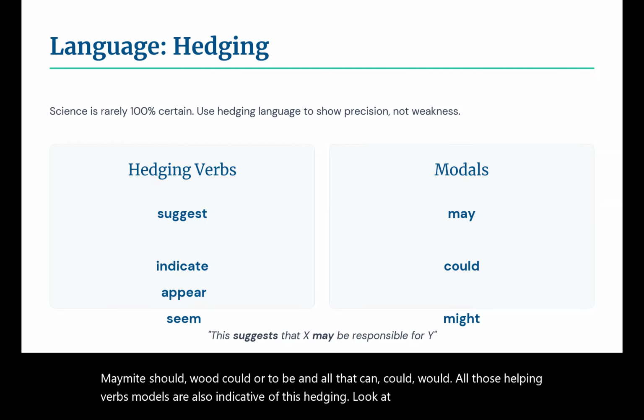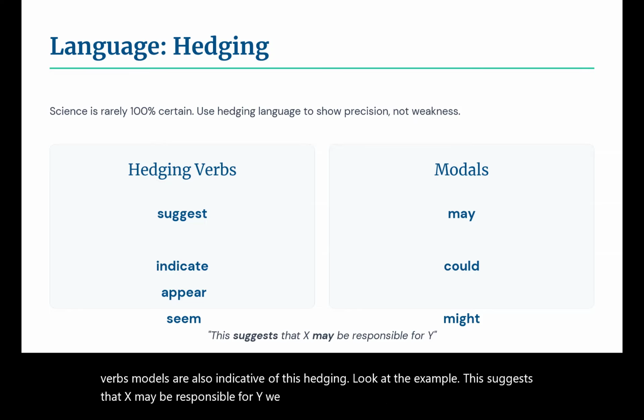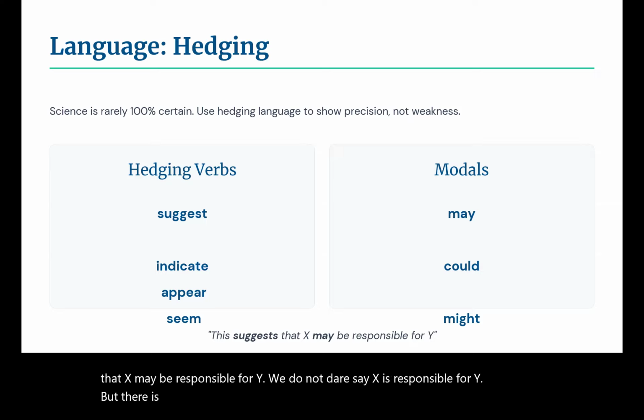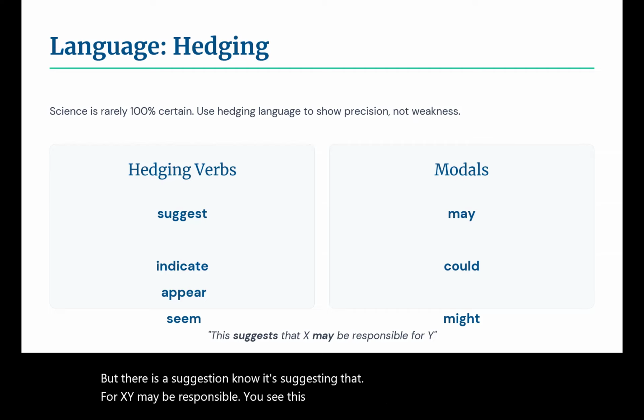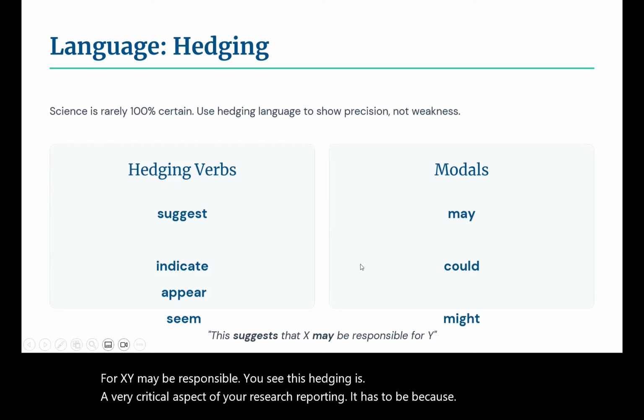This suggests that X may be responsible for Y. We do not dare say X is responsible for Y, but there is a suggestion that X may be responsible for Y. You see, this hedging is a very critical aspect of your research reporting. It has to be, because it is partly admitting to your limitations.